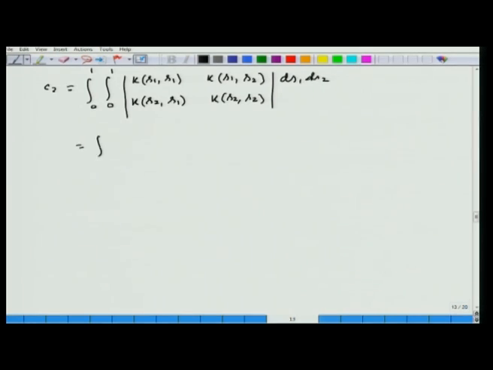If we substitute the expressions for kernels, it will be s1 e to the power s1, then s1 e to the power s2, then s2 e to the power s1 and s2 e to the power s2, ds1 ds2.